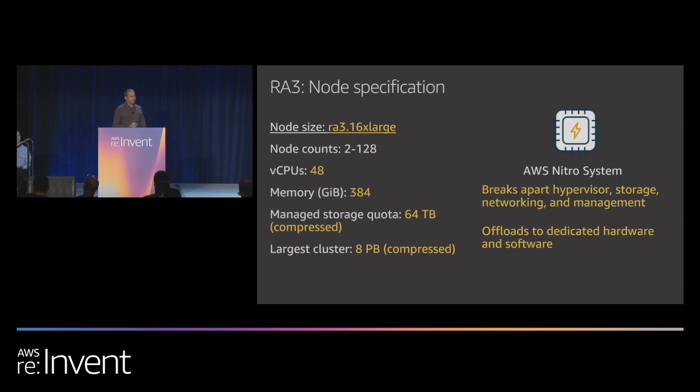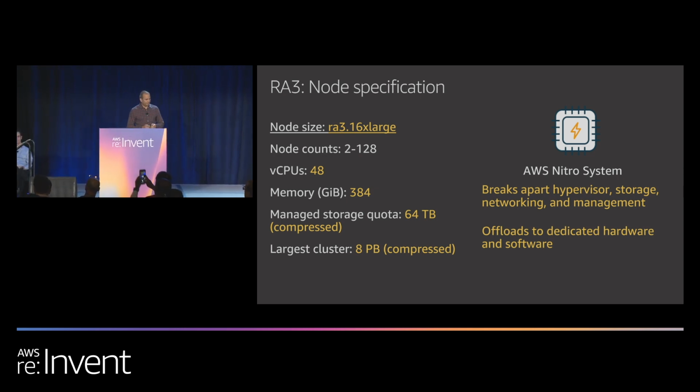So let's look at some more details of the RA3 node. The RA3 node is built upon the AWS Nitro system, which has its own hypervisor to improve how the operating system handles different virtual machines. It has its own chip to handle dedicated security.